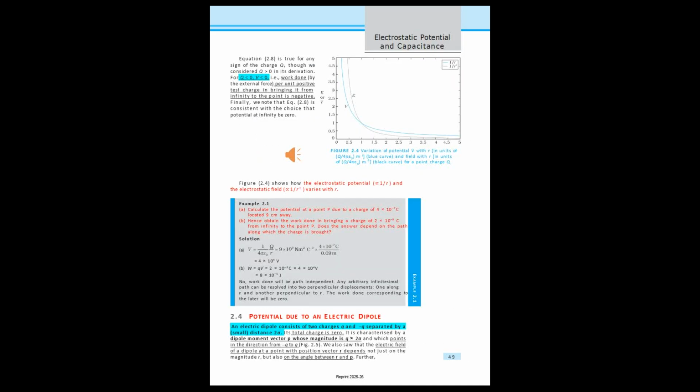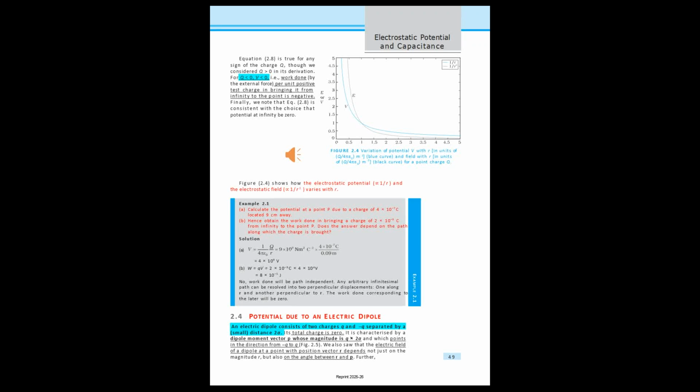Equation 2.8 is true for any sign of the charge Q, though we consider Q greater than 0 in its derivation. For Q less than 0, V is less than 0, which means work done by the external force per unit positive test charge in bringing it from infinity to the point is negative. Finally, we note that equation 2.8 is consistent with the choice that potential at infinity be 0.